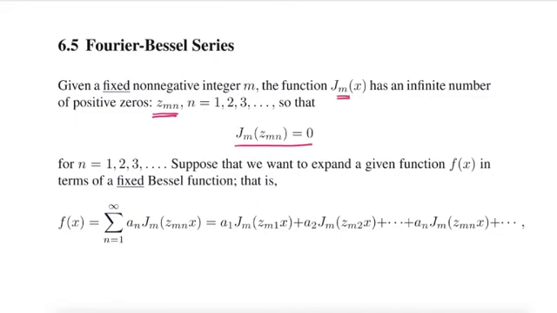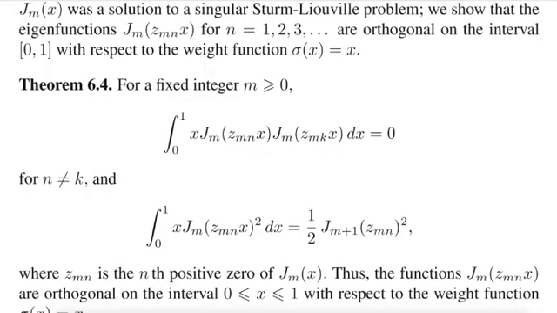And if we take these zeros, we can get an orthogonality relationship. If we take a fixed integer m, so we take a fixed Bessel function Jm here and here, and then we have these different zeros, right? Zm1, Zm2, and so on. So we take one of the zeros as argument, Zmn times x here, and another one with a k, Zmk times x there.